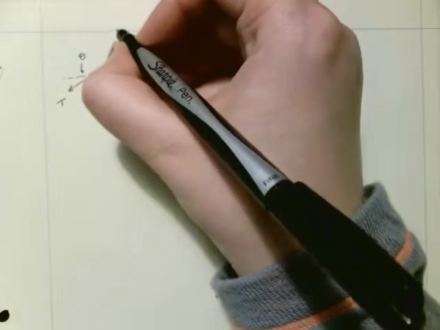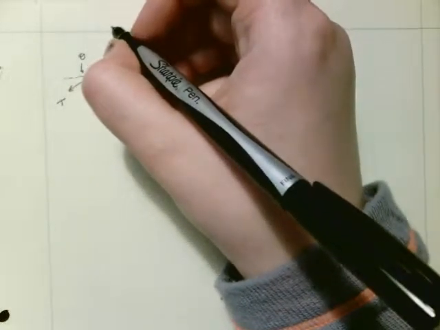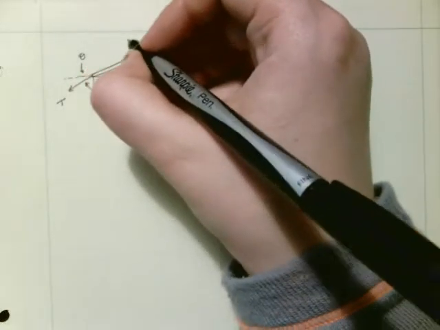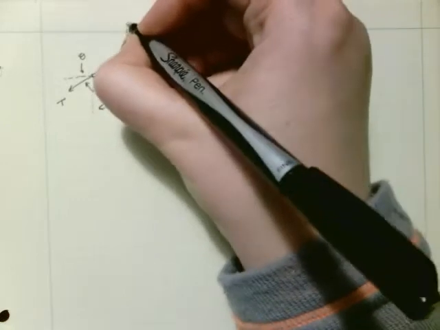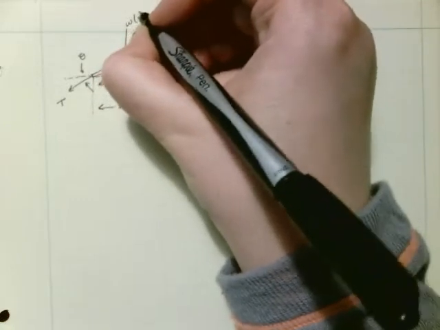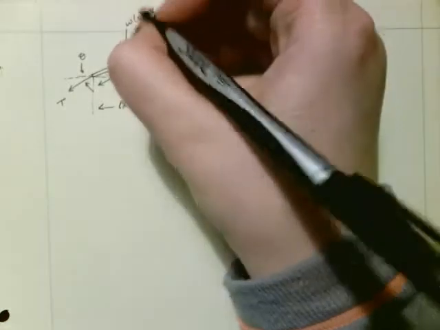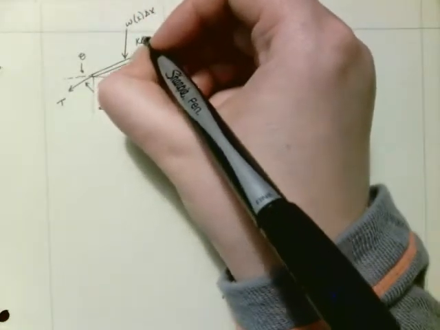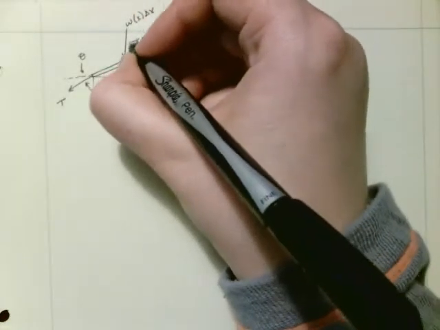And then we would have our distributed load of W of X times delta X, and that would happen at K delta X from the end.